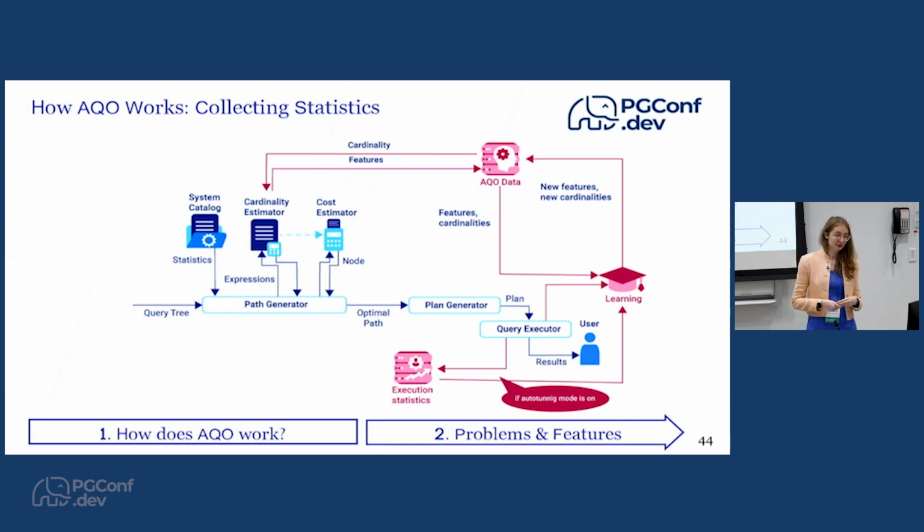Or we need to disable AQO for this query, because AQO does not help some queries. Besides this, AQO also uses this information in automatic mode, when it decides whether a query is ready for prediction or needs to be learned for a longer period.